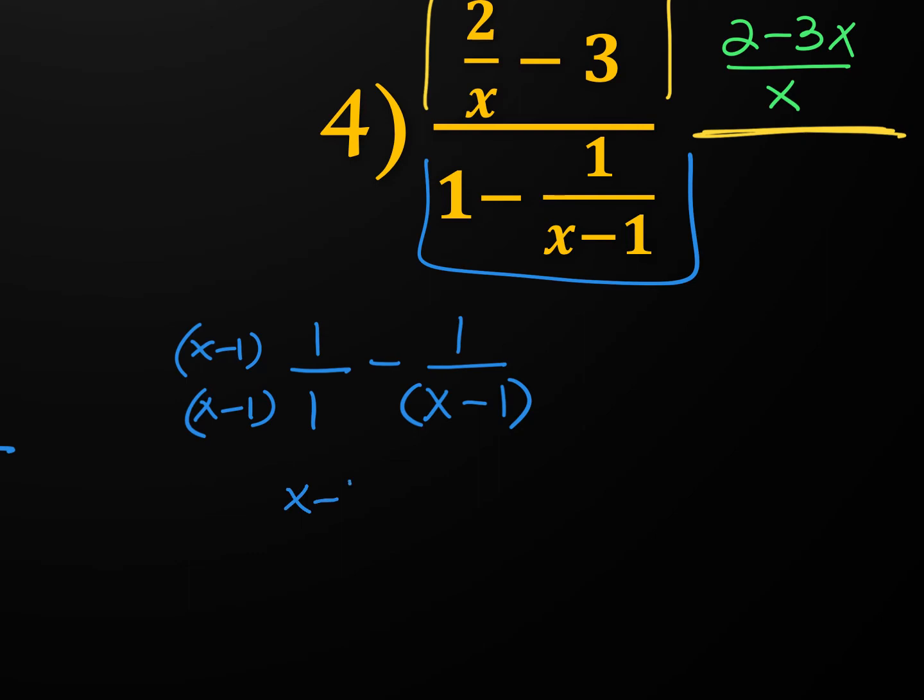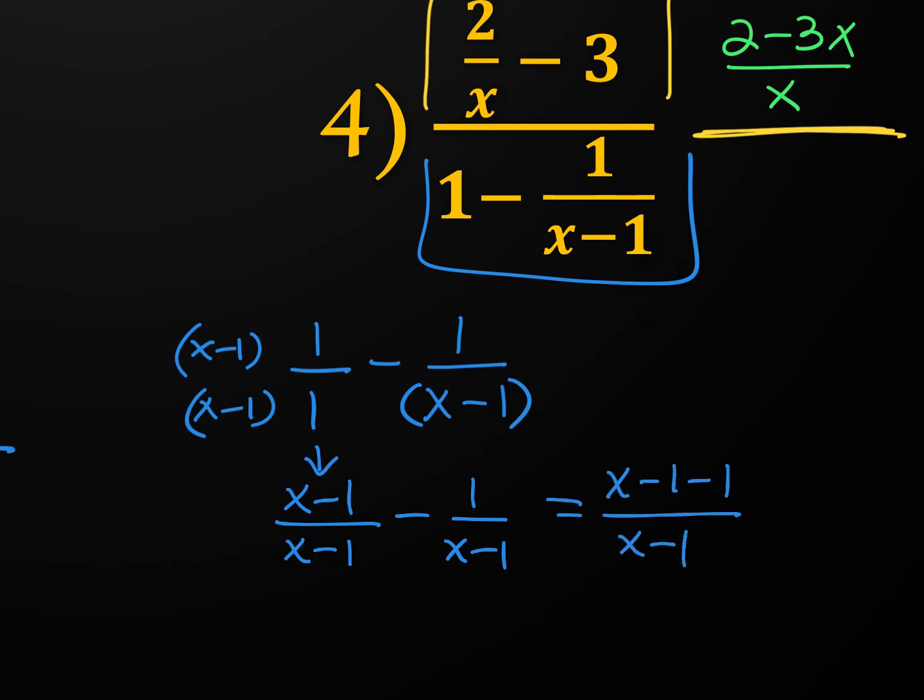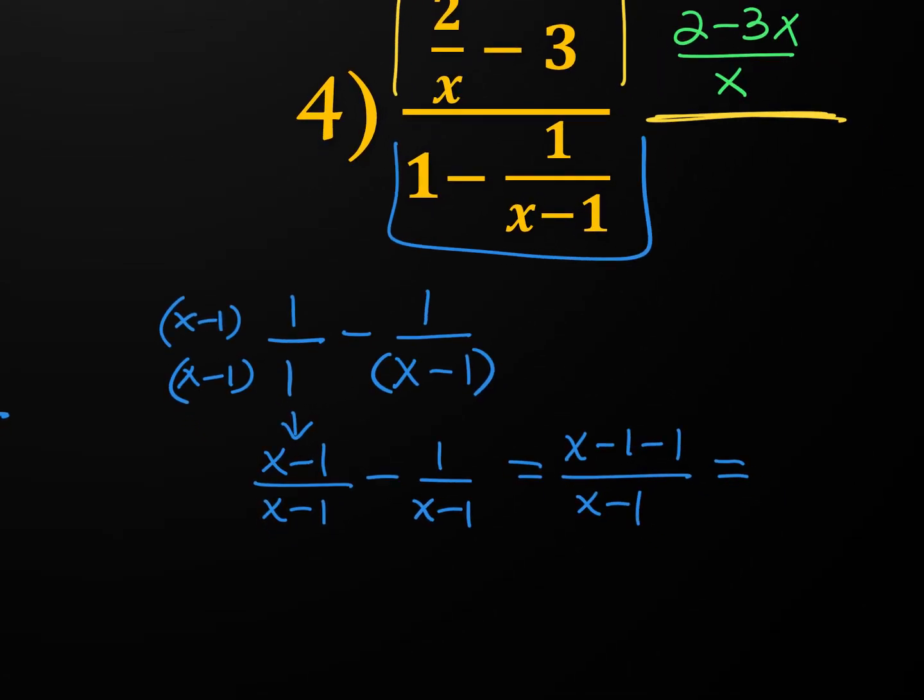So this is now x minus 1 over x minus 1. That's what the whole number 1 became. And now I have a common denominator. I can add my numerator, so it becomes that. Combine your like terms, and the denominator becomes x minus 2 over x minus 1. So now that's my simplified denominator with a common denominator.